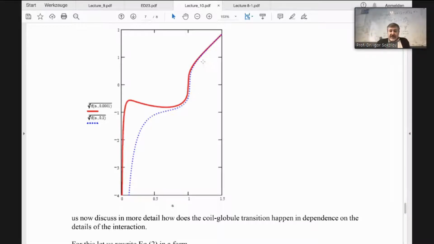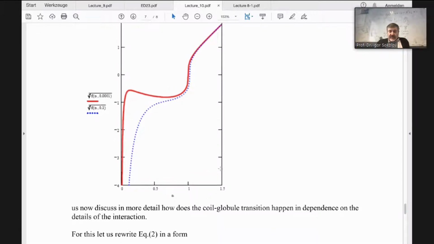If this function is monotonic, then imagine I start here, and this is alpha larger than 1, which means I start in a good solvent domain. My chain is swollen. And then I go with x down to the domain of poor solvent.